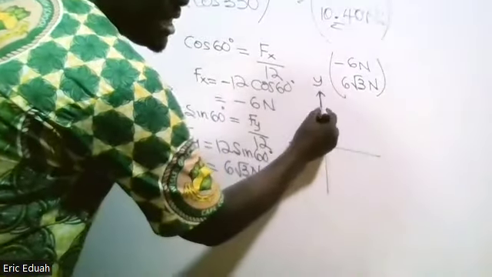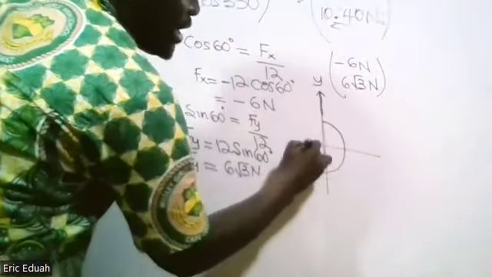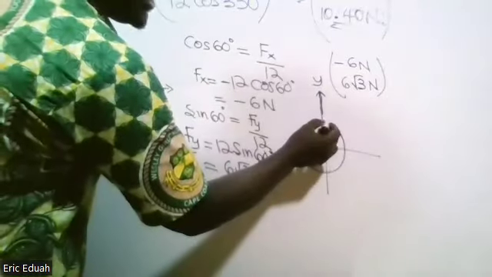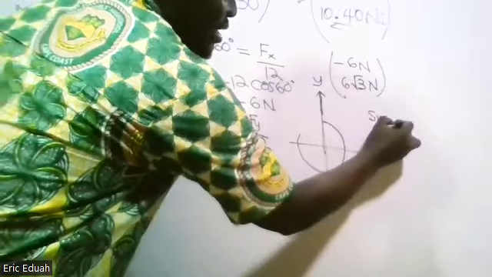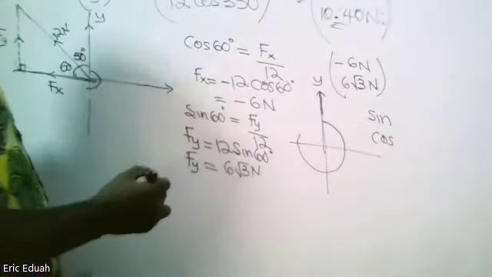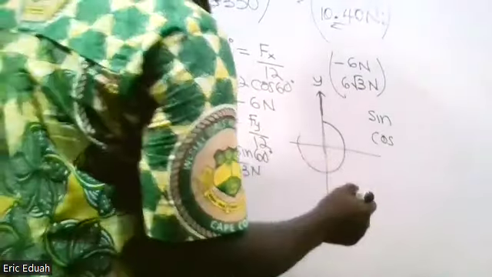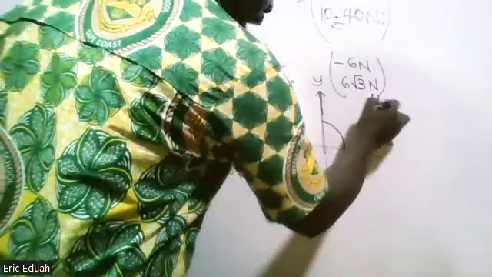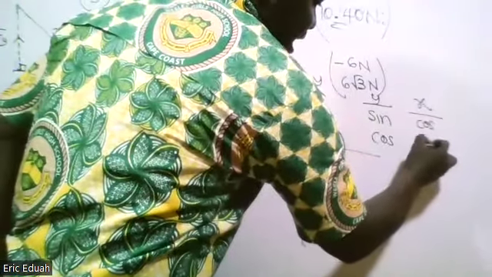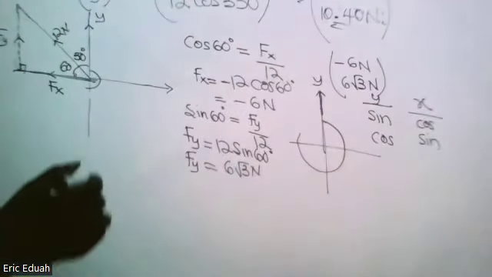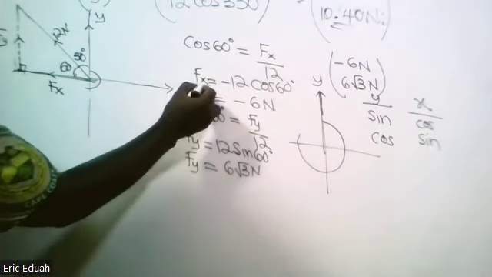So I'm taking my angle from the y. And whenever you are measuring your angle from y, the order of the components must be sine, cos. If you are taking your component from the angle it makes with the x-axis, for x it must be cos, sine. That is why over here, look at my x component, Fx.